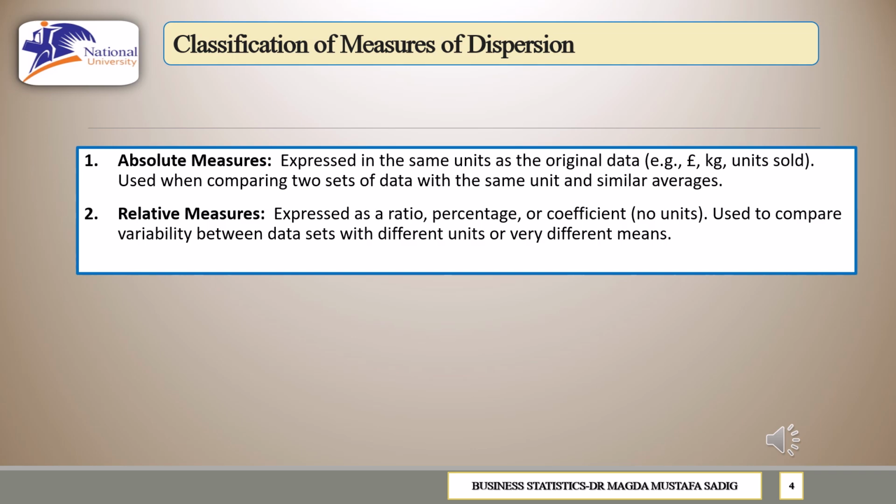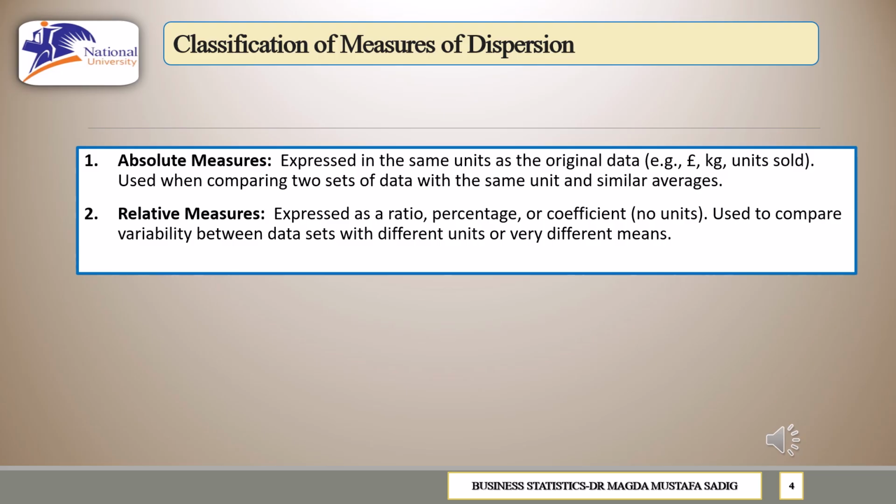The absolute measures, as I told you, are expressed in the same units as the original data. For example, if we are measuring sales in pounds, the measure of variation may also be expressed in pounds. If we are measuring weight in kilograms, the measure may be expressed in kilograms.